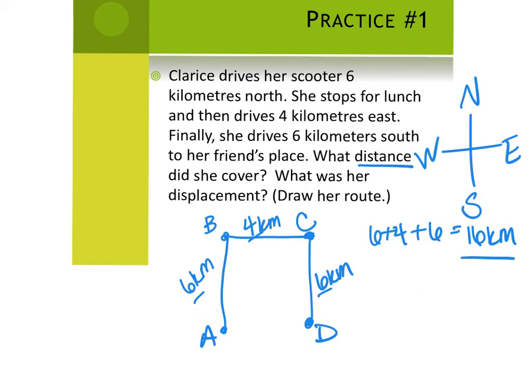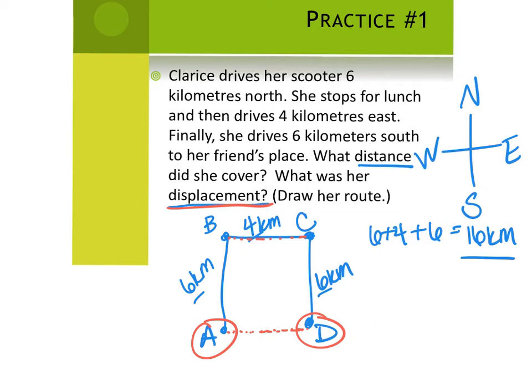For displacement, I'm going to change color here. For displacement, I only care about A and D. And I know she went 6 north and 6 south. So this line AD, we've got a little bit of geometry here. This line AD is the same as this BC line.